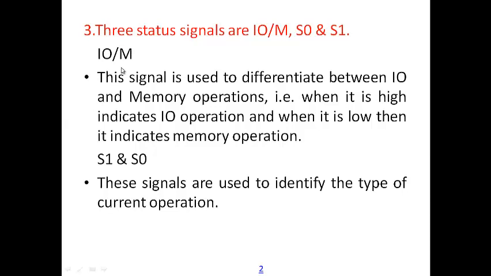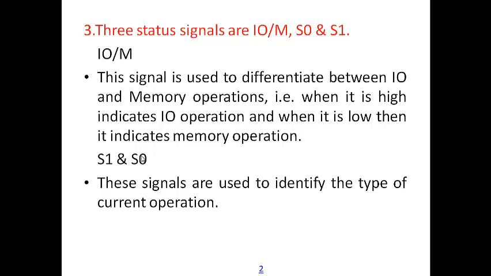If this line is 0, then it is stating that now the transfer is between memory and the processor. If it is 1, this indicates it is with respect to input output. There is no specific application of S0 and S1 in this microprocessor, whereas they have been well used in latest microprocessors.